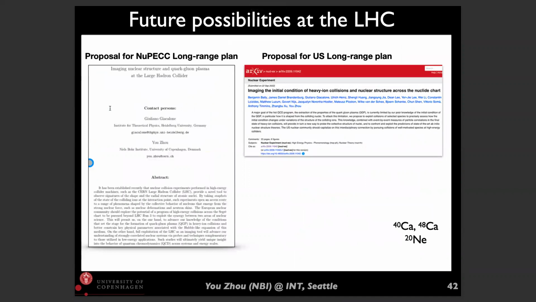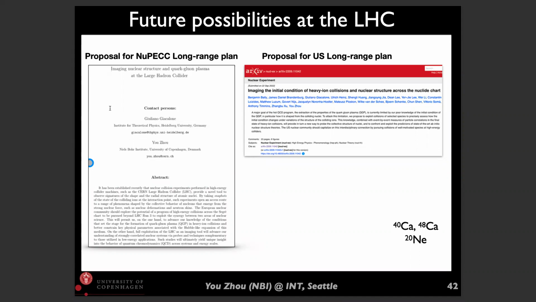So for that, we also have more proposals from both Europe and the US. And this is a big proposal we submitted to NuPECC. It's the European nuclear research panel. And we want to see if this can be added into the long range plan. And a very similar program has been proposed in the US, but with a bigger focus on the RHIC experiments, I would say.